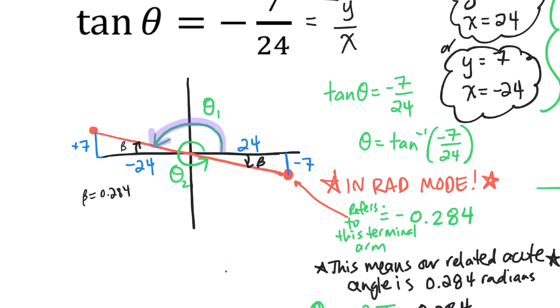So we're going to set up a similar kind of equation. We know that theta 1 would be all the way to pi except for that last little related acute angle. So that must be pi minus 0.284. And again, we go to our calculators for that. Our calculator in radian mode gives us this value, 2.858 radians, approximately. So I need to put that little dot above. So this is my other value for theta.